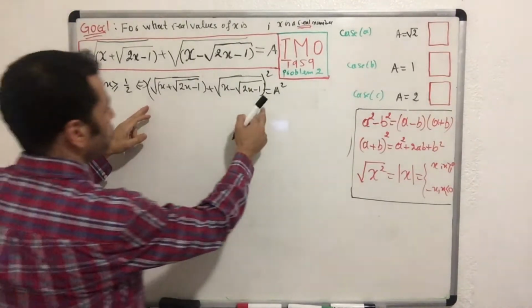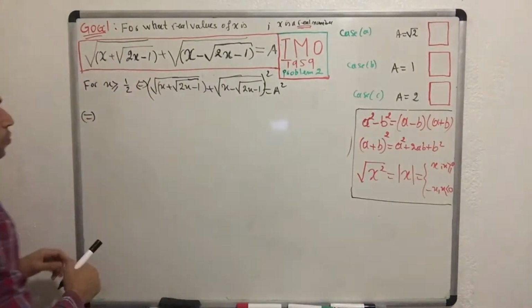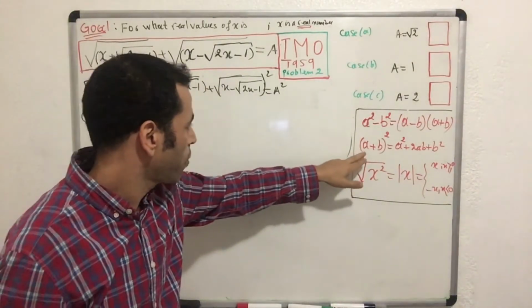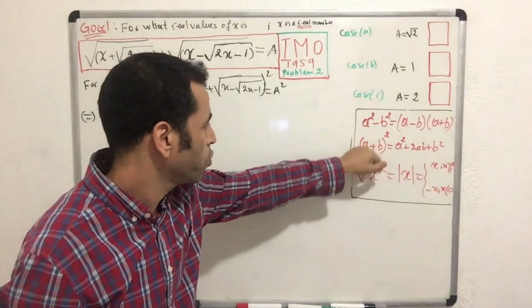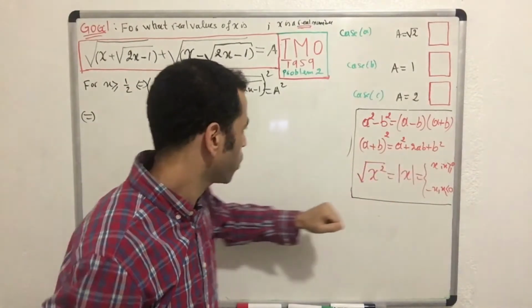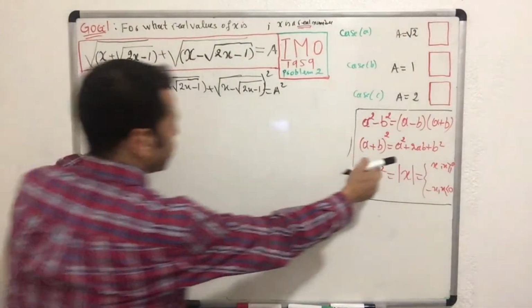I'm going to expand this equation based on this identity. We have a plus b quantity squared equals a squared plus 2 times ab plus b squared. So I'm applying this one here.